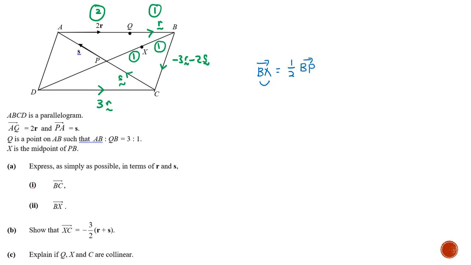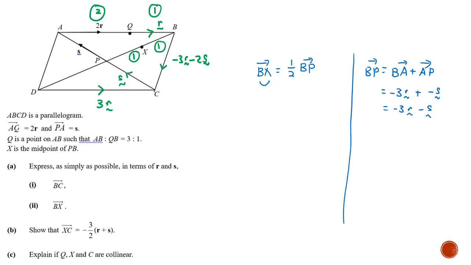To find BP, we will have BA plus AP, and BA is given by negative 3R, and AP will be negative S, and so we have negative 3R minus S, and hence vector BX will be equal to half of negative 3R minus S.